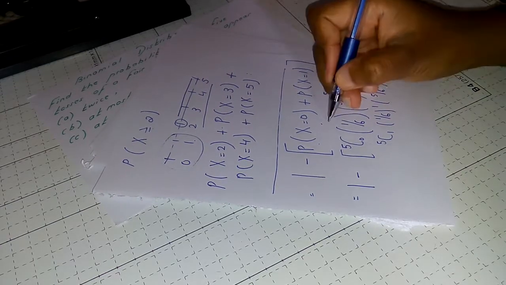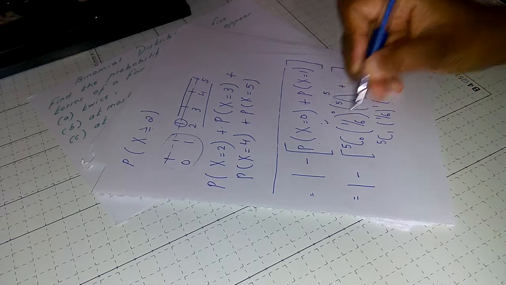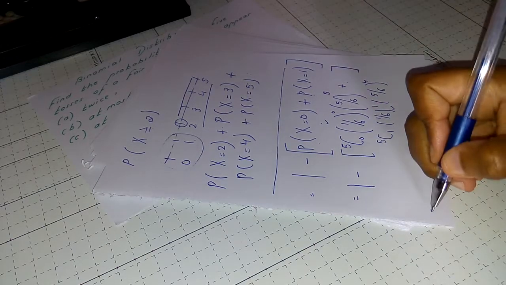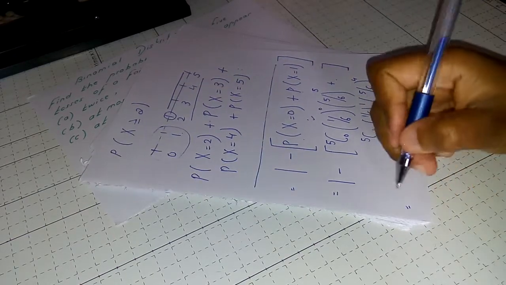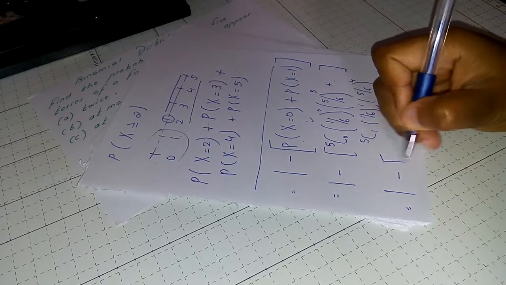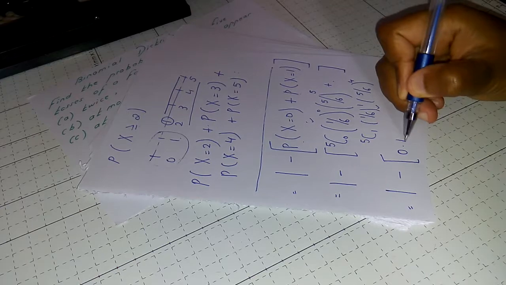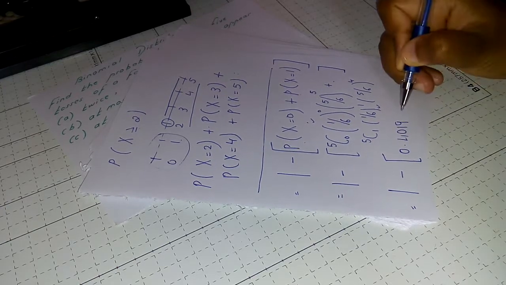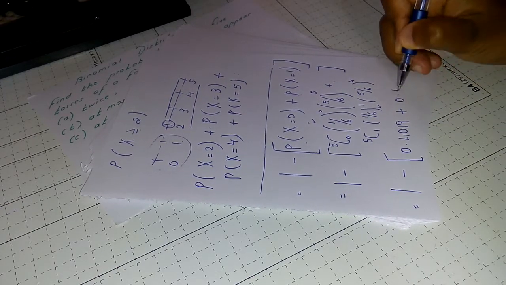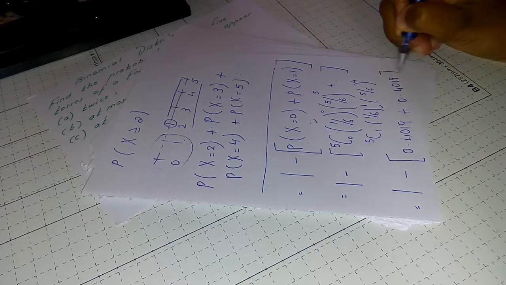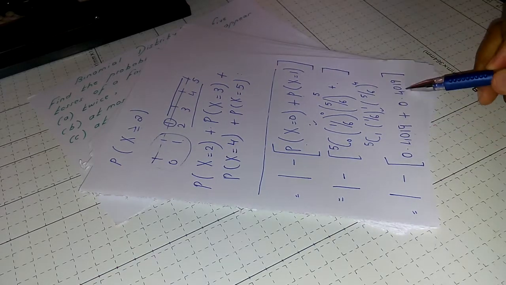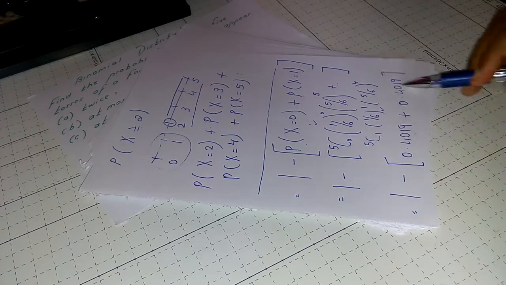Since we've already calculated this probability and this probability in the second part, you can just use the answer. So here we have 1 minus, the answer we got for x0 is 0.4019, plus again 0.4019. So you add these two and then take 1 and subtract the value.